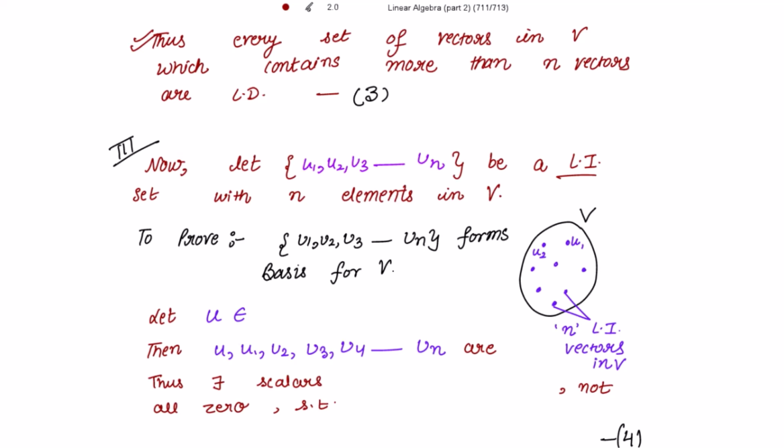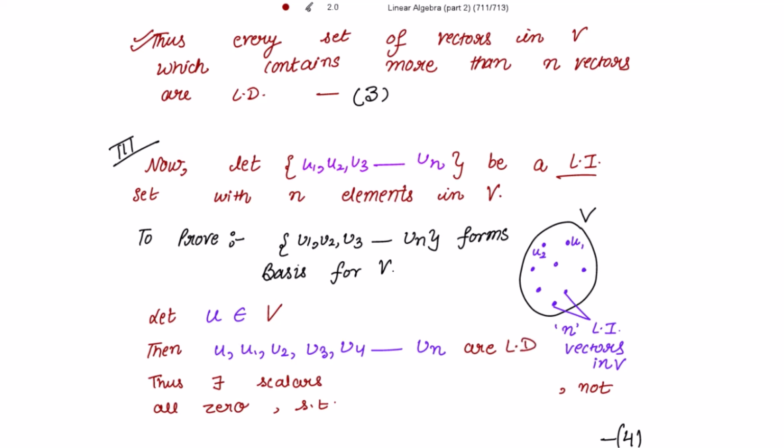Let's take element U from V. Then if I see this collection U and U1, U2, U3, U4, Un, these are linearly dependent or linearly independent? Very good, these are linearly dependent.